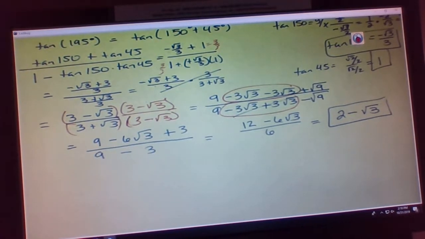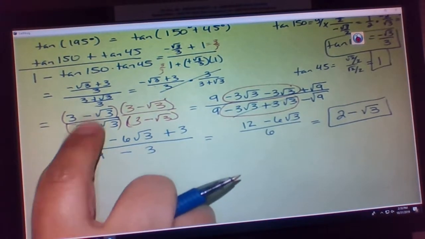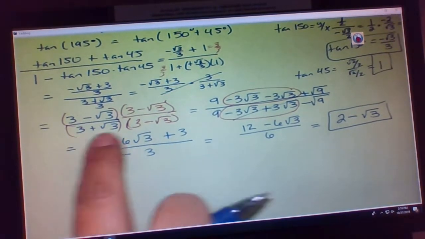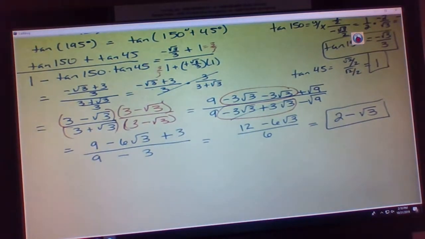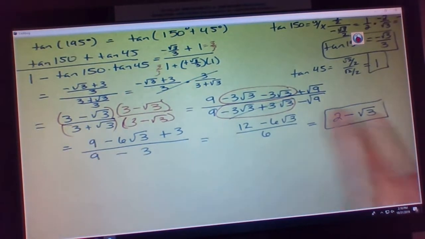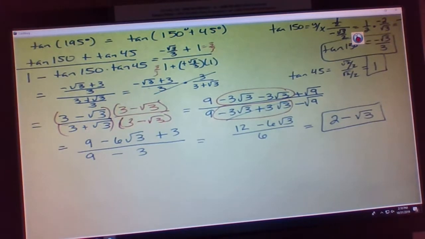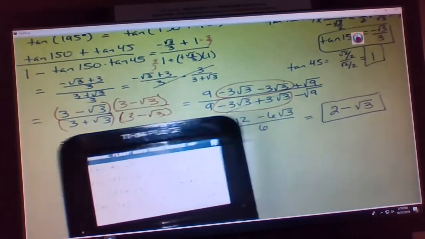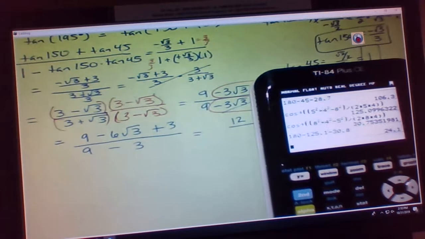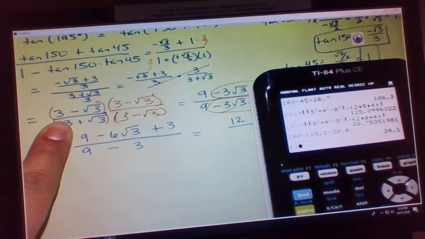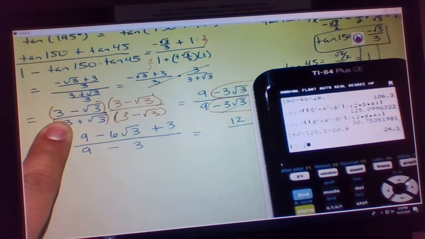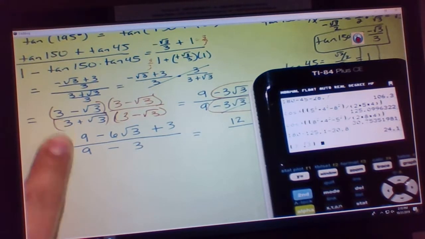Now, I need for you to understand this here is not wrong. It's just not correct mathematically. So just in case some of you believe you're going to get lost from here to here, and just so you could check your work, if you want to check your work, this is 3 minus the square root of 3 divided by 3 plus the square root of 3.